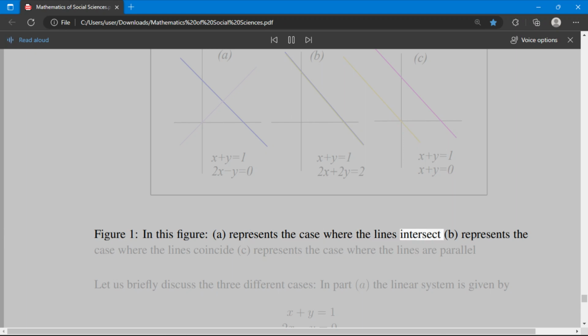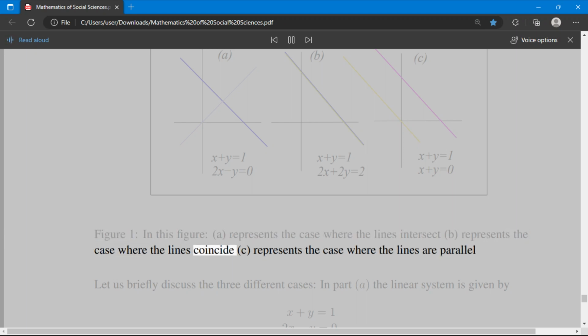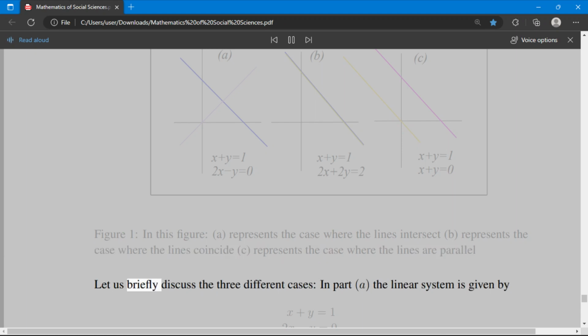In this figure, A represents the case where the lines intersect, B represents the case where the lines coincide, C represents the case where the lines are parallel. Let us briefly discuss the three different cases.